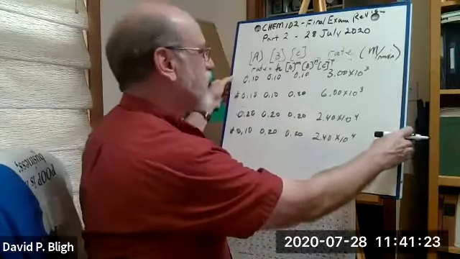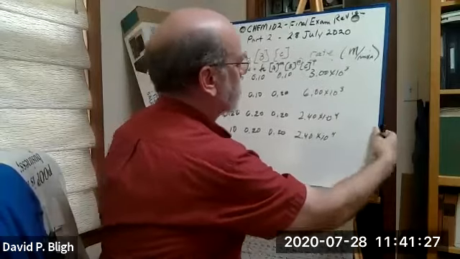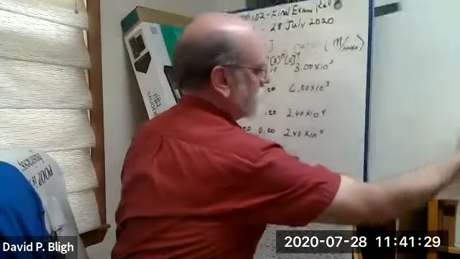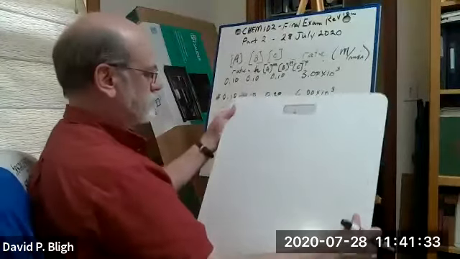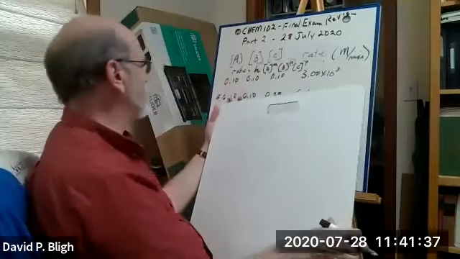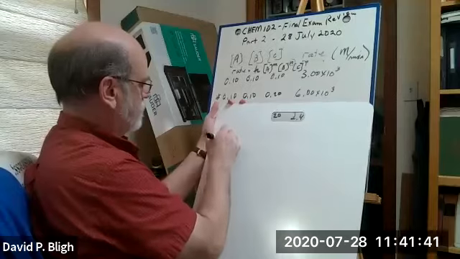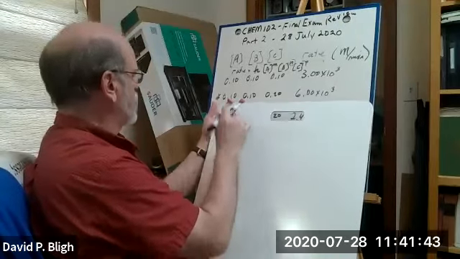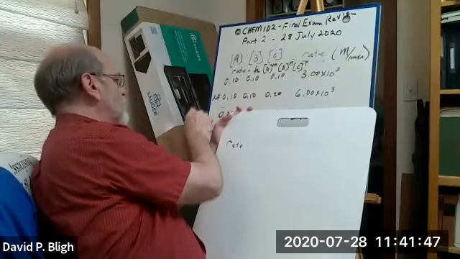So rather than erase that, let me see if I can pull out another whiteboard. Yeah, that's visible. Okay, so we want the rate. Let's see, this is reaction number 2. This is experiment number 4.